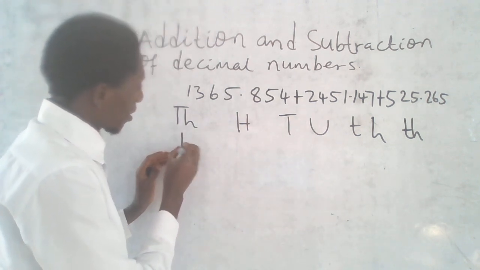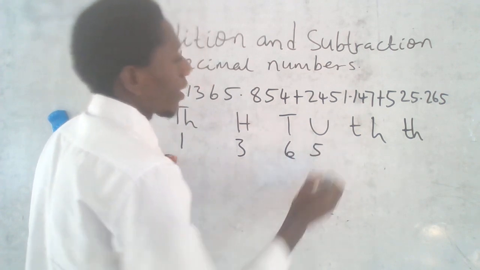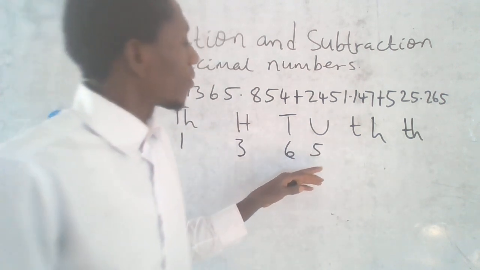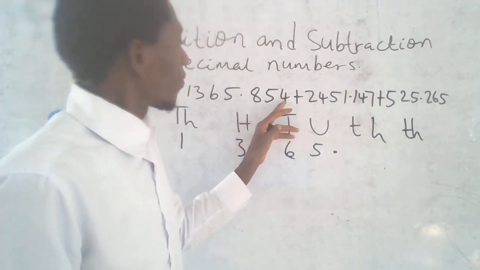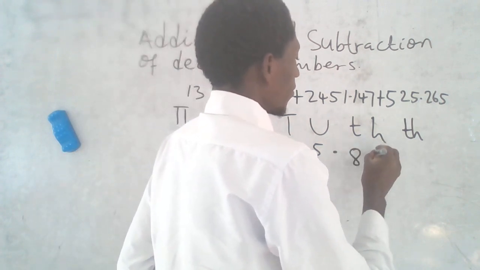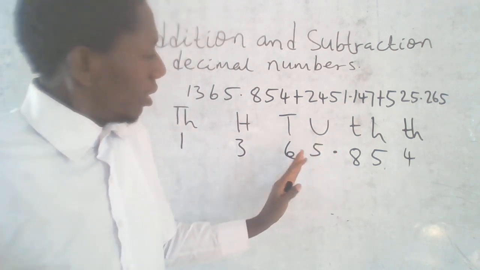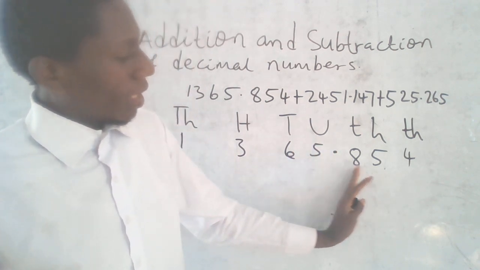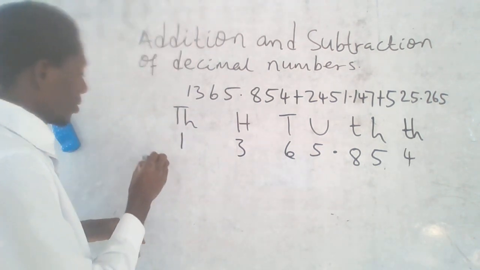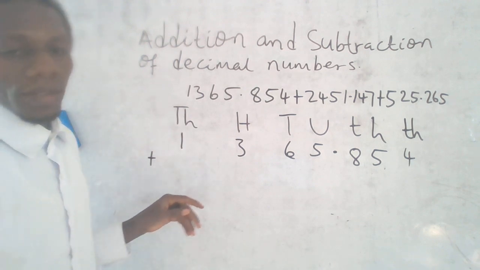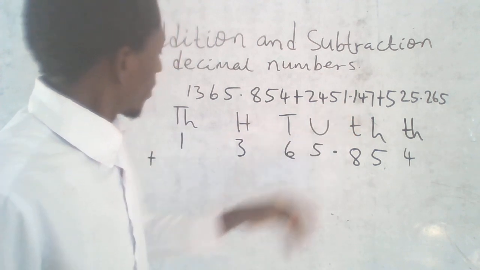So this is 1365.854, which is, this is a decimal point, and then this one's at the tenth. So the next number is 2451.